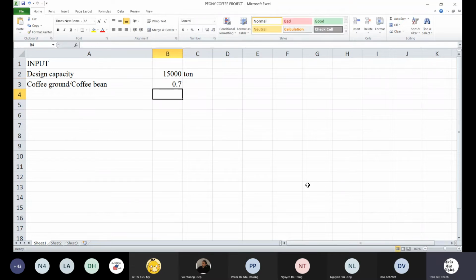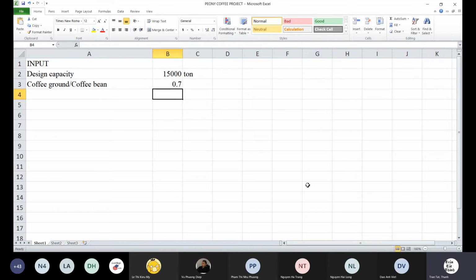Okay, so 0.7. That's the coffee ground over coffee bean.